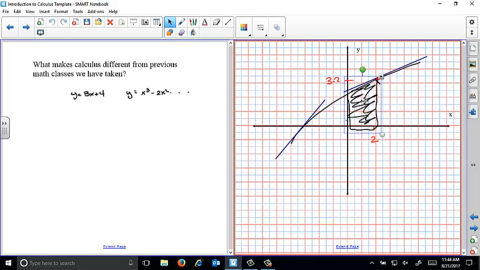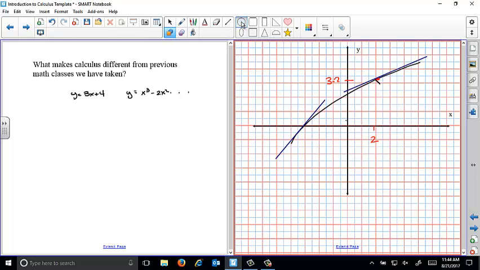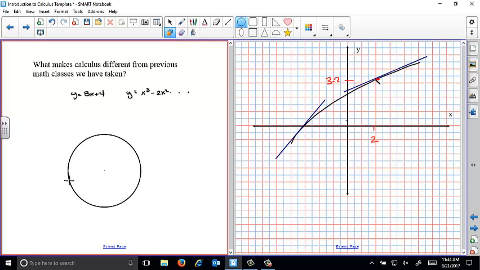So let me just delete a few things here. Let's just draw a circle. Now, if you remember circles, a circle consisted of a center point, and the circle is defined by all the points that are equidistant from the center. The distance is called the radius.